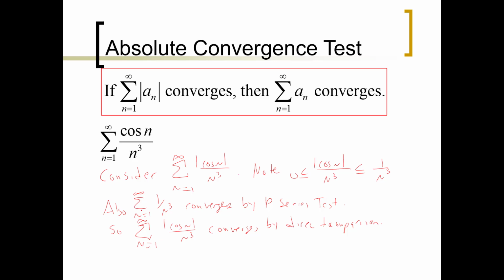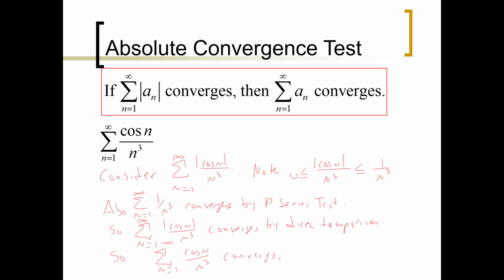Since this series converges, then this one converges. And therefore, by the test I just gave you, the series as n goes from 1 to infinity of the cosine of n over n cubed also converges.